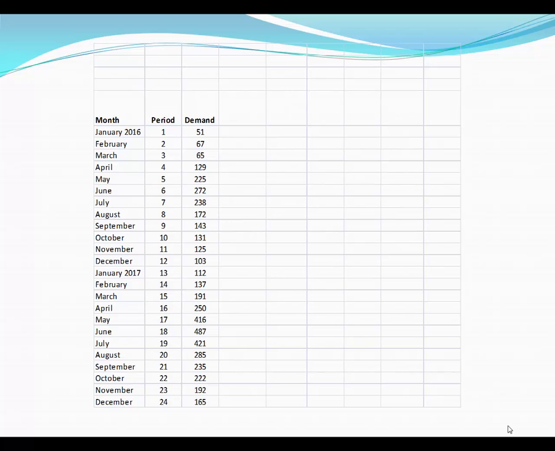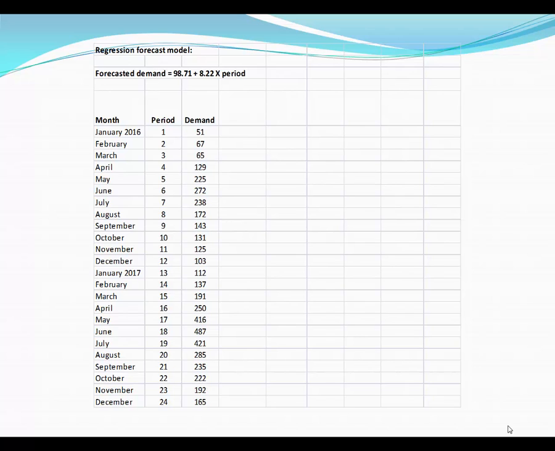If we were to plot this out, in general we would see an upward trend, but we'd also see some bumps that may correspond to some seasonality. Taking this data, I ran a regression model. Basically, I did that by making the period my independent X variable and the demand my dependent Y variable.